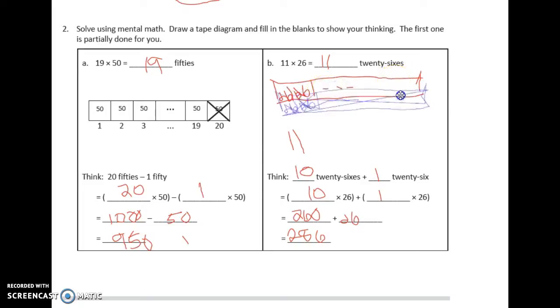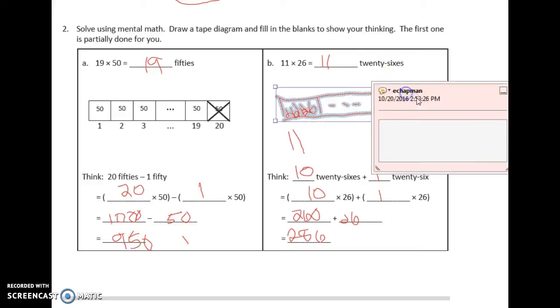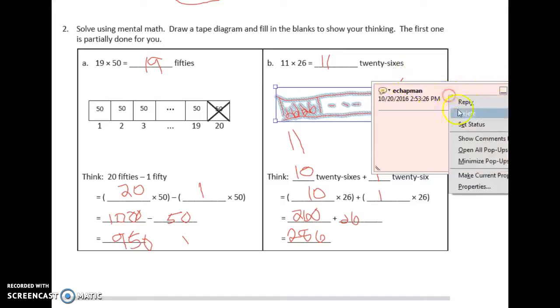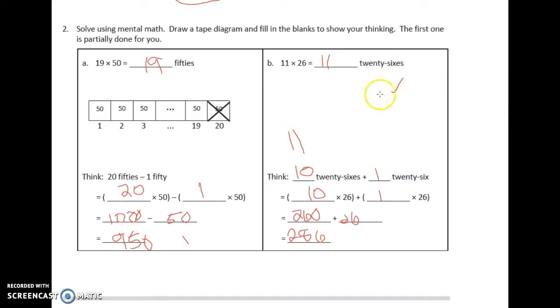I'm not sure why this keeps doing that. Let's say delete. There we go. Alright, so just imagine if we have that and we say that there's all of these 26s. We have 11 of them. This is really not coming out very clear because my pen is not cooperating.